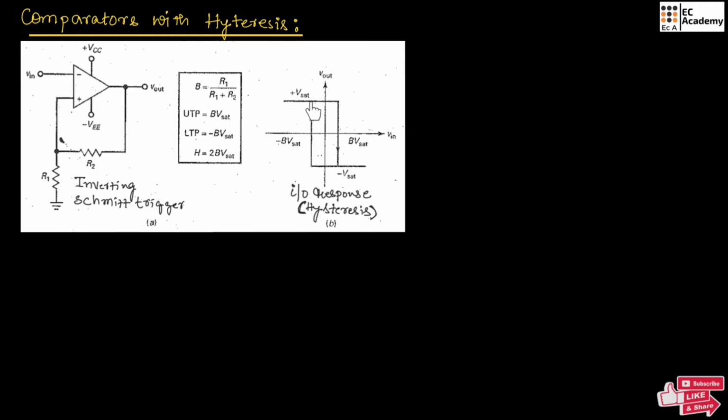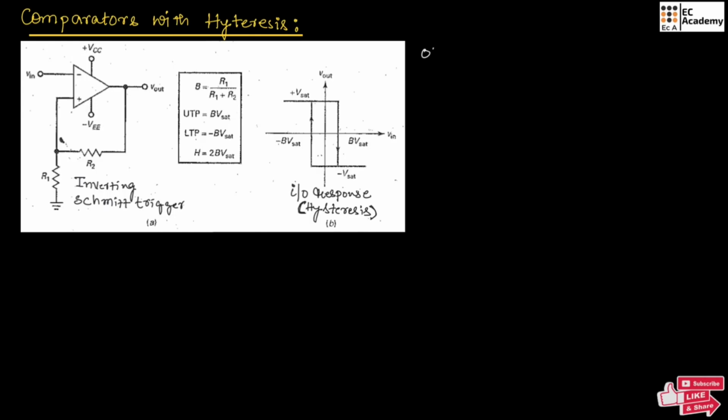When the comparator is positively saturated, then the positive feedback voltage holds the output at high state. When the comparator is negative saturated, the negative feedback voltage holds the output in low state, as you can see in this input-output response. The feedback fraction can be given as B = R1/(R1+R2).